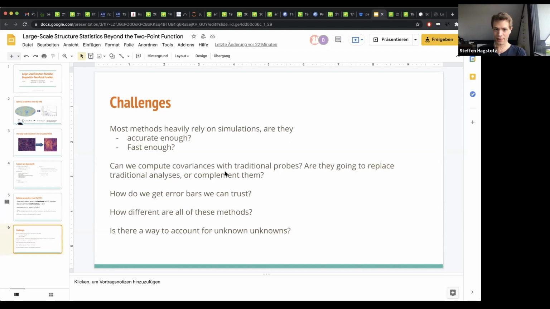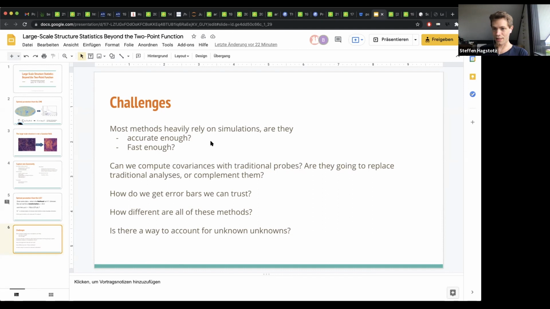Yeah, I think now we get really to the challenges, and those apply to most of the methods that we discussed two slides ago. A lot of them we can't calculate, actually most of them, not really. That means we have to either calibrate our analytical models on simulations, or just use simulations alone.